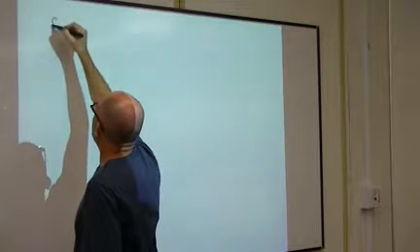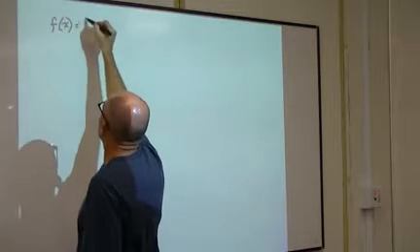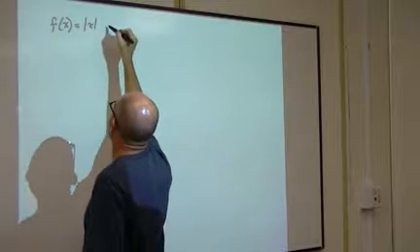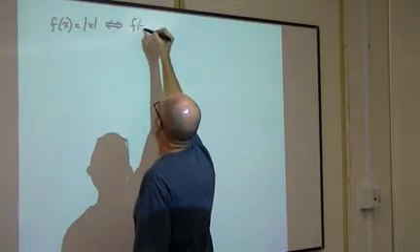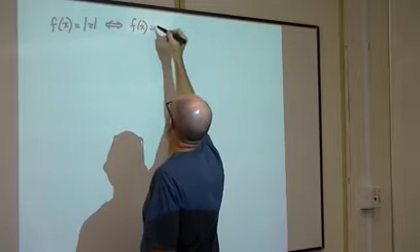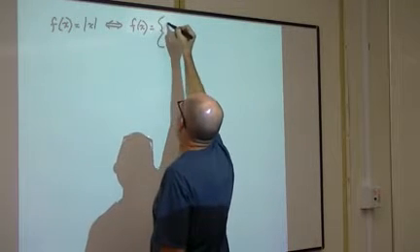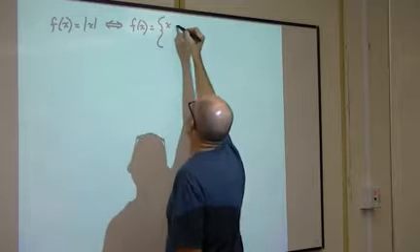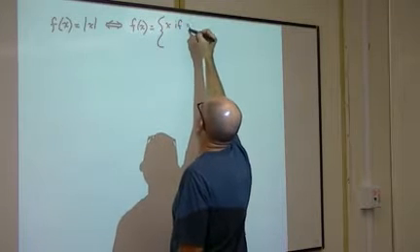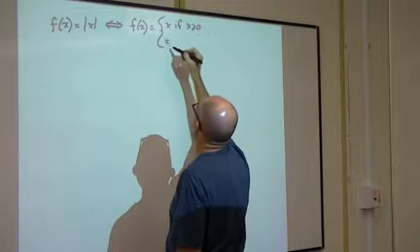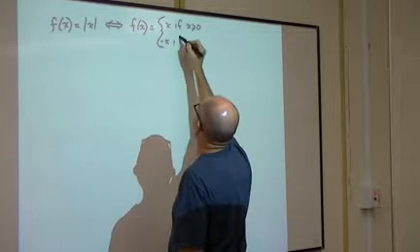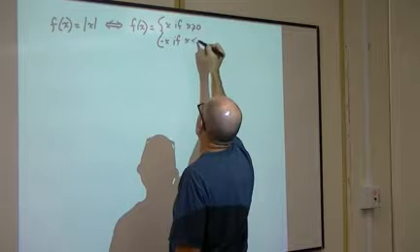So, if f of x equals the absolute value of x, basically that means f of x equals a piecewise function. It equals x if x is greater than or equal to 0, and negative x if x is less than 0.